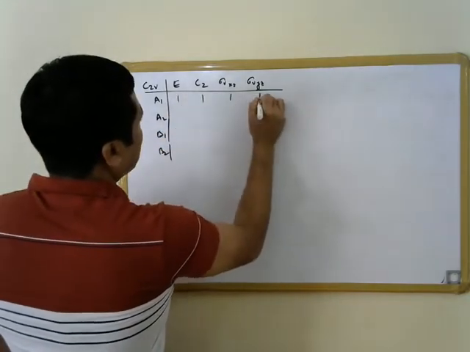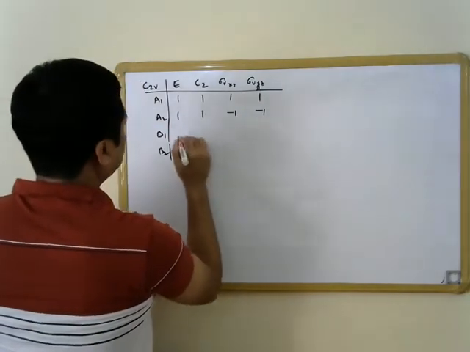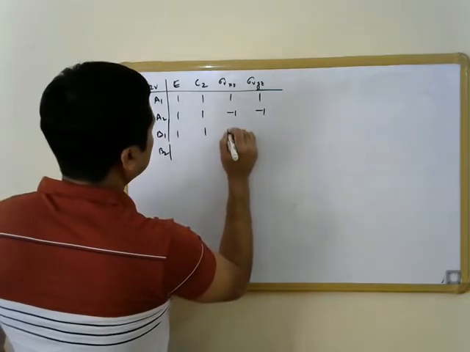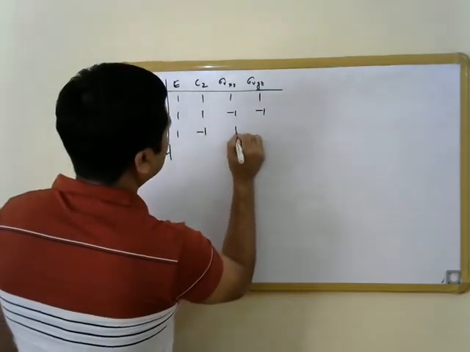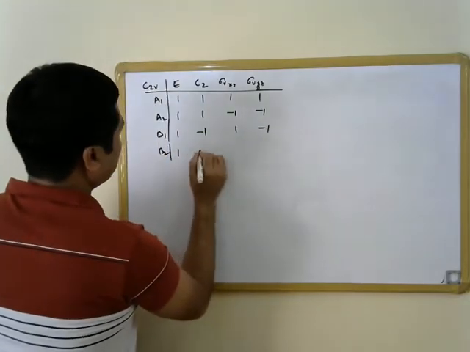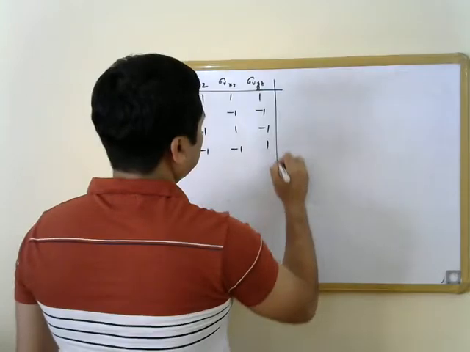This is the totally symmetric irreducible representation, then A2, then B1, with characters -1, 1, -1, 1, -1, -1, 1. That is B2.